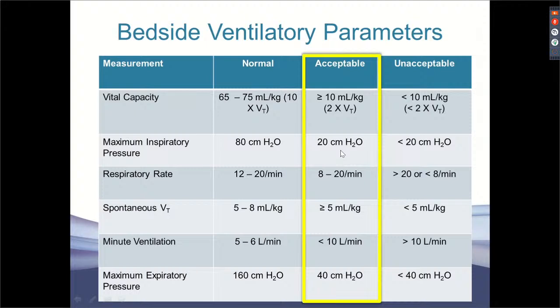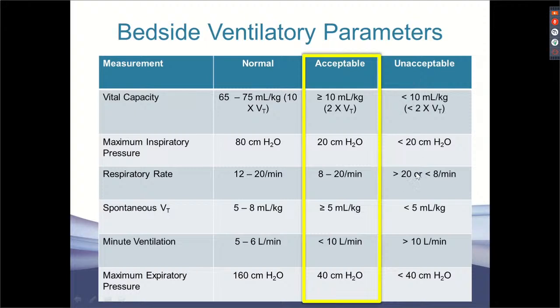MIP, we've already mentioned, is greater than John's number of 20. Respiratory rate 8 to 20. Spontaneous tidal volume greater than 5 mils per kilogram. And minute ventilation less than 10 liters per minute. And then the MEP should be around 40. So anything less than these values is what's considered unacceptable.